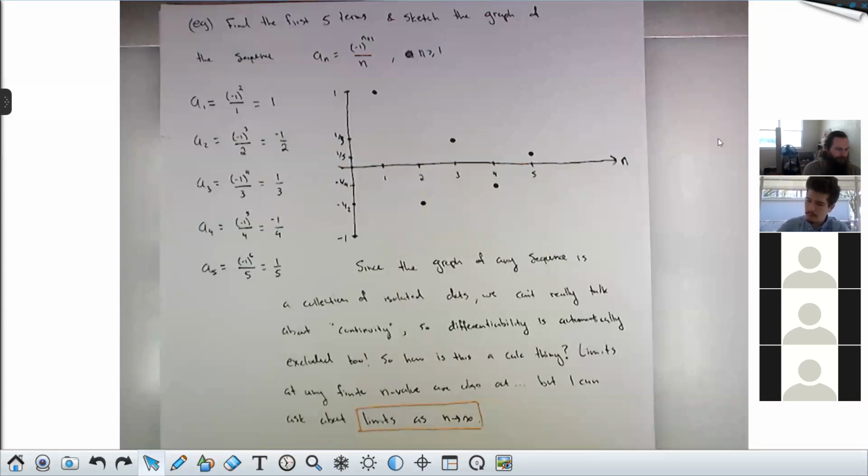All right. So let's do it. I'm going to go ahead and show you the definition of the limit as n goes to infinity for a sequence, and along with that will come the definition of convergence for a sequence. This is your second notion of convergence.